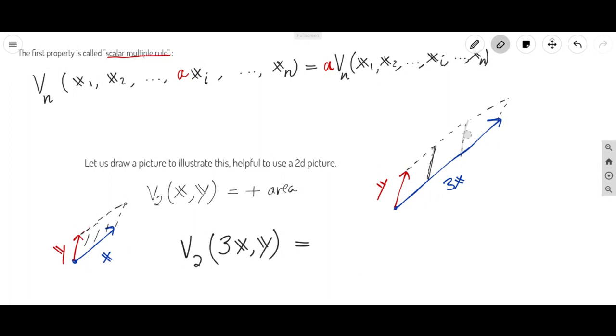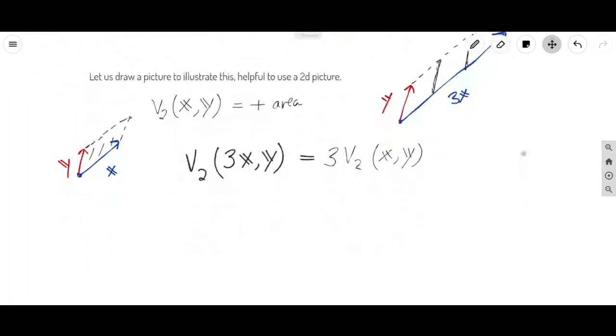The area of this new parallelogram will be 3 times as big as the area that was before. So it will be 3 V2 of x comma y. So that's what's going to happen, so you can factor that out.